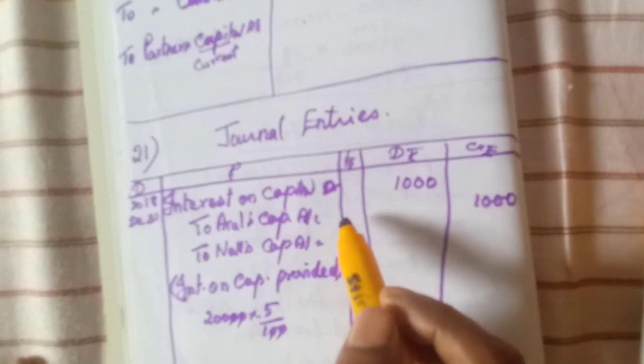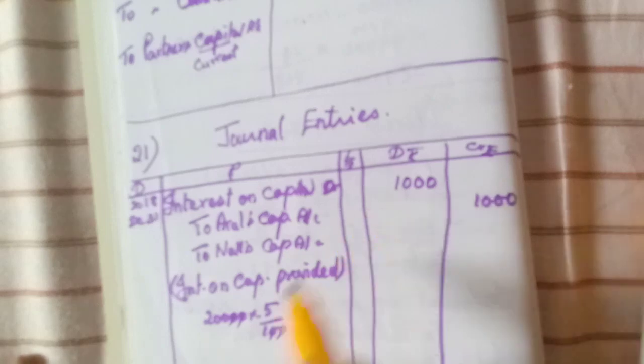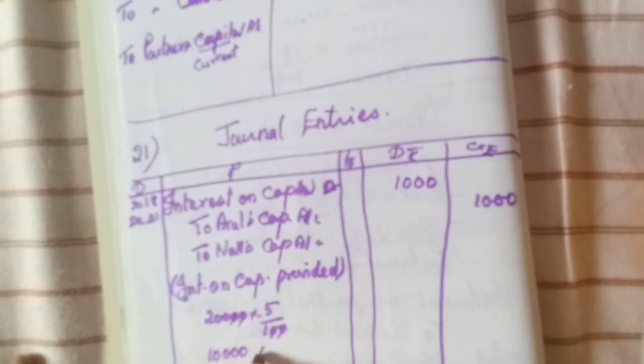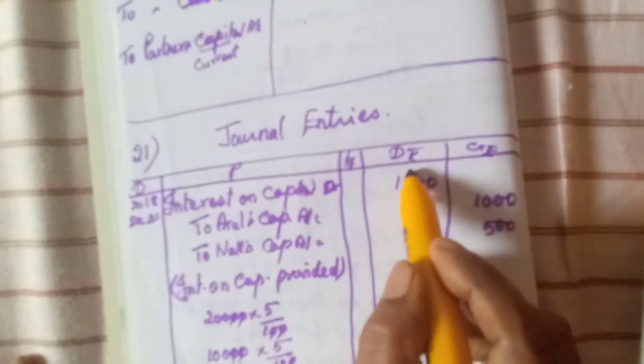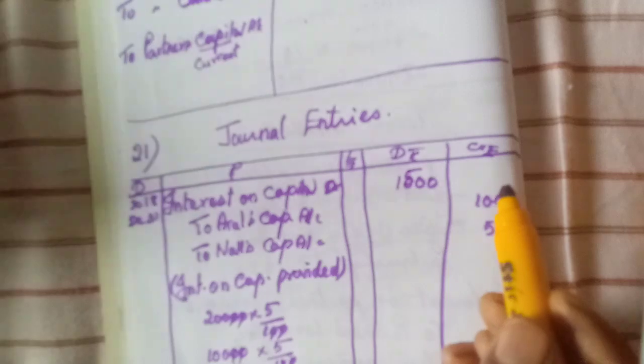Then for Nallasamy, his capital is 10,000 into 5 by 100, 2 0, so 500. So 1,500.